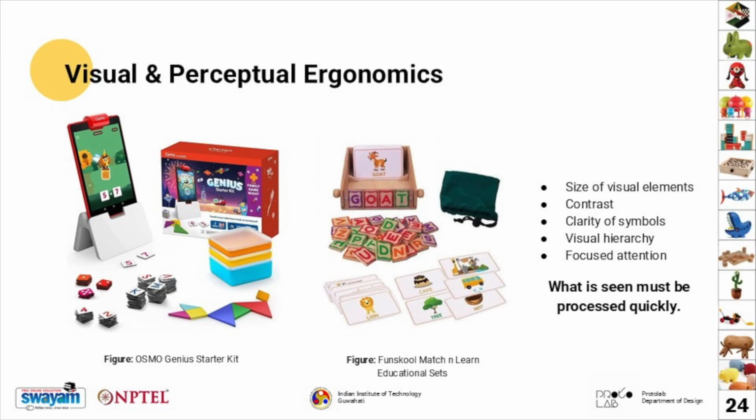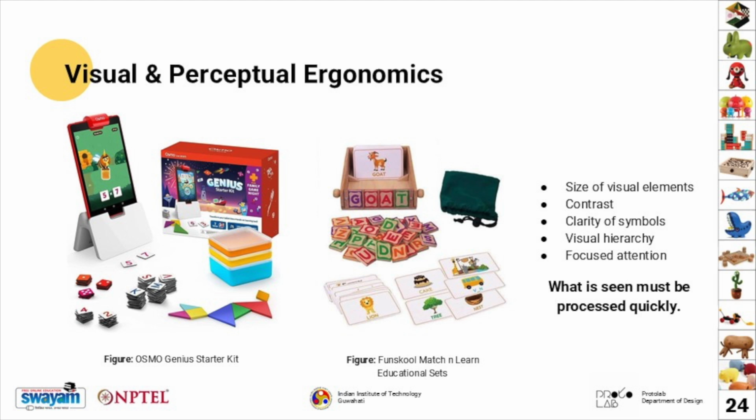Visual ergonomics is about perceptual clarity. If visual information is cluttered, the child must scan longer to interpret it. Scanning increases cognitive load. Small icons require closer viewing distance. Closer viewing alters posture.